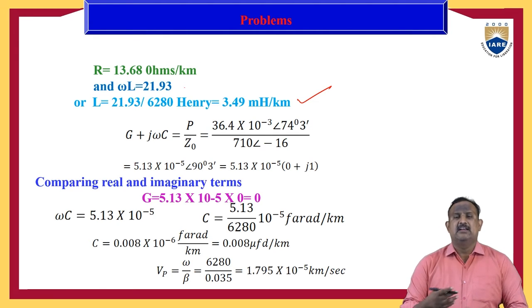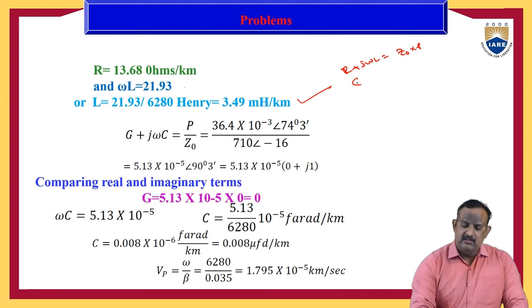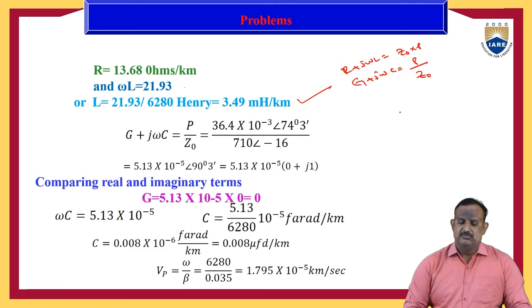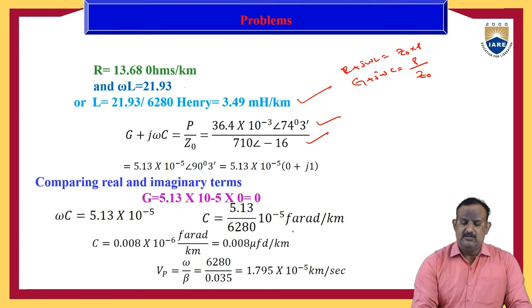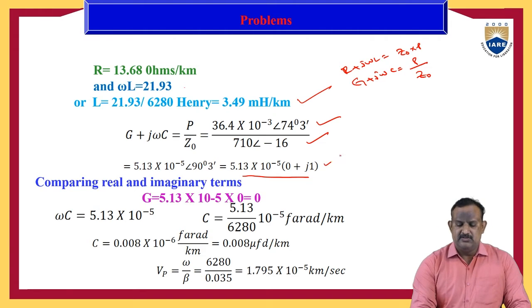Similarly, we can write the conductance G plus j omega C. Here R plus j omega L equals Z0 into P, and similarly G plus j omega C is equal to P by Z0. Substitute the P value and Z0 value, simplify the expression and convert into real and imaginary parts. The real part is 0 and the imaginary part is 1. Therefore, if the real part is 0, the conductance G is equal to 0.